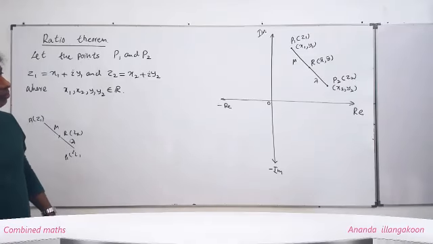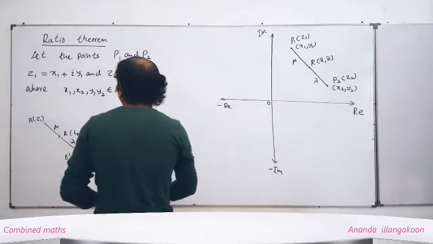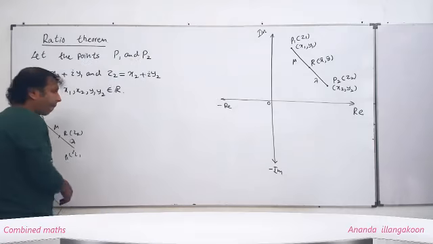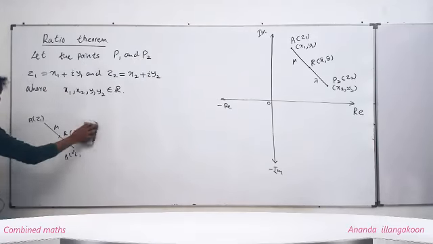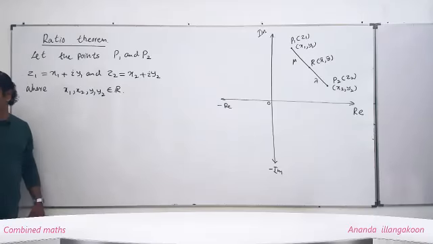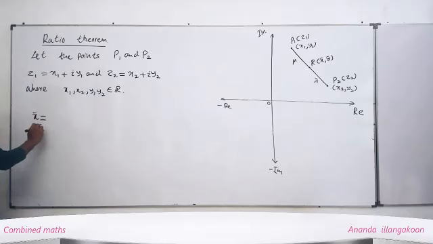Right. Now you can write by coordinate geometry. After proving, you can write by coordinate geometry. X bar equals what, people?